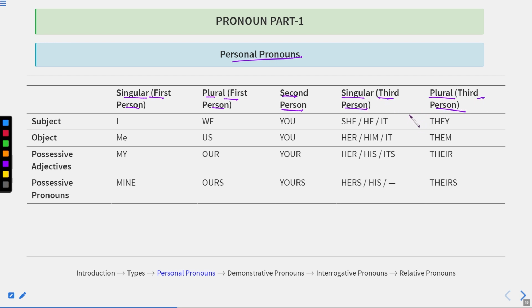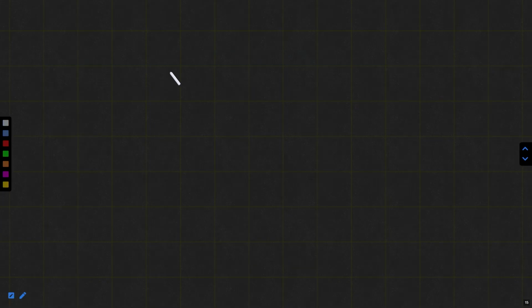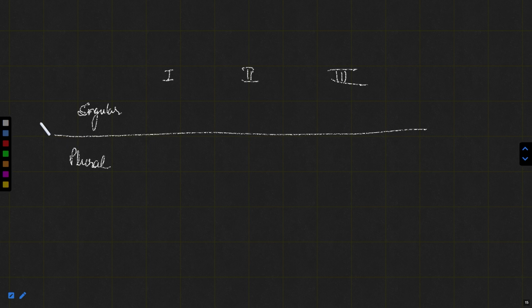In pronouns we have three types of persons: first person, second person, and third person. Moreover, we have singular and plural persons of pronouns. So we can have two structures.